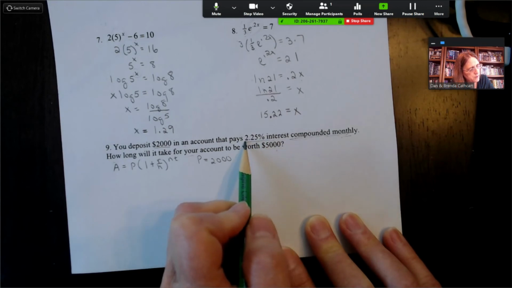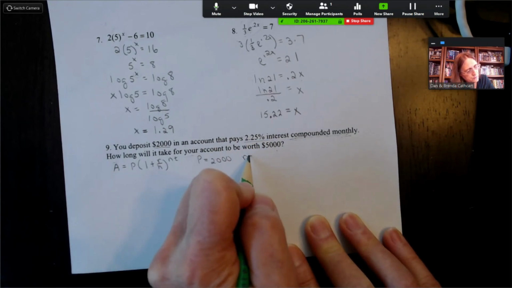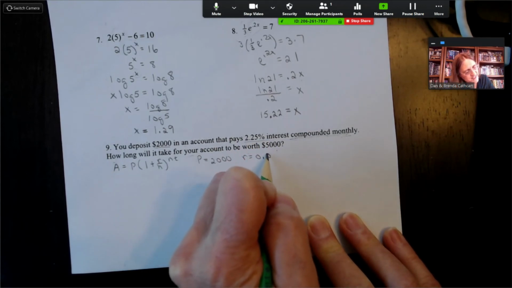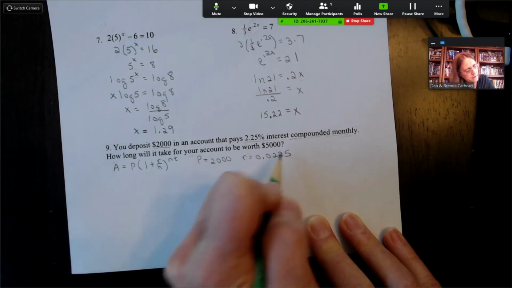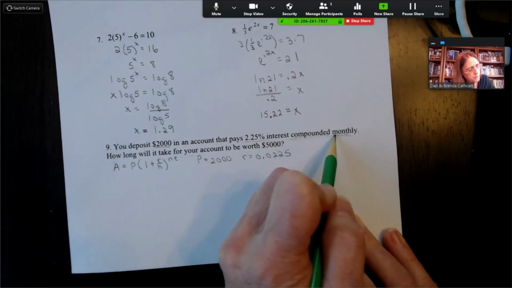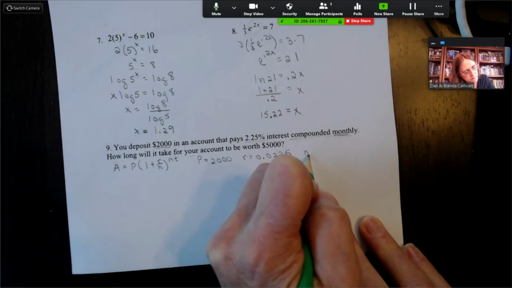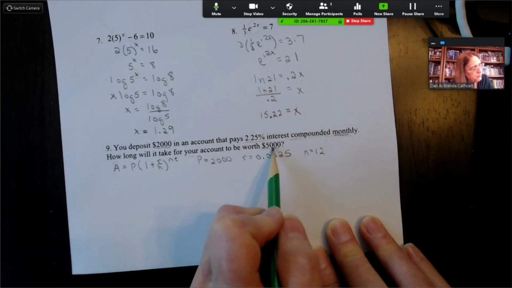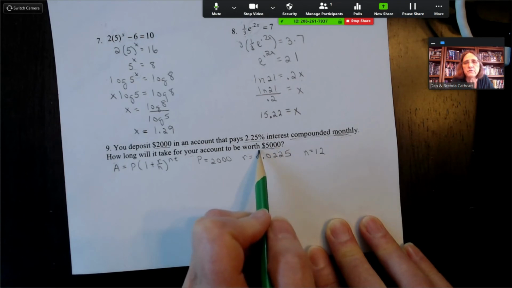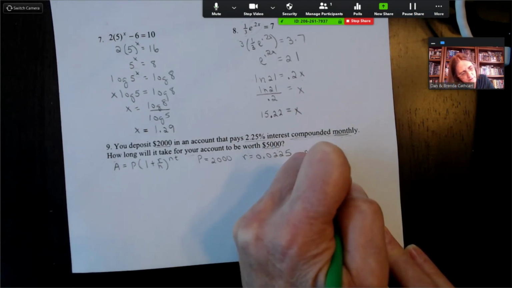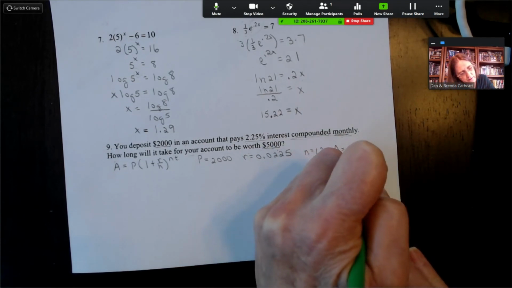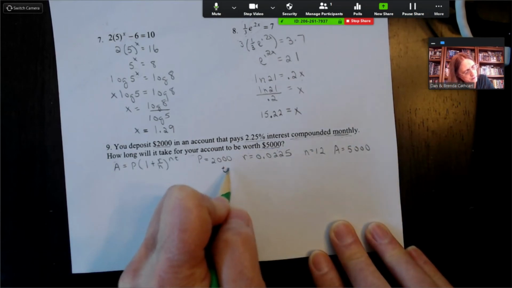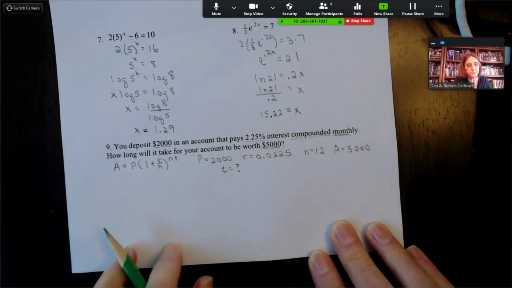Our interest rate in decimal form is 0.0225. We're compounding monthly, so n is 12. And we want to end up with an accumulated amount of $5,000. So A is 5,000, and we want to find t.